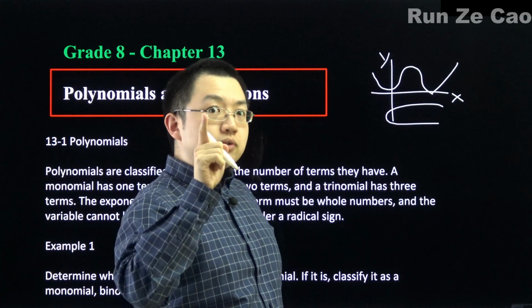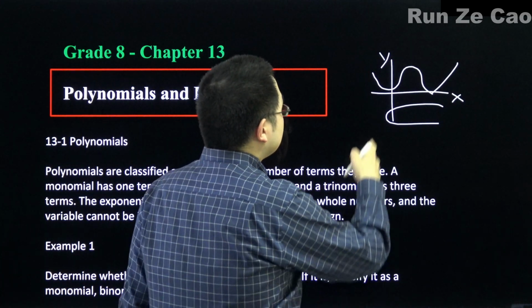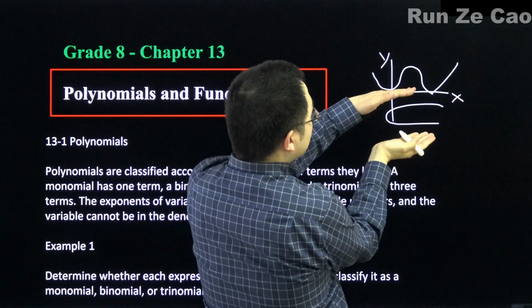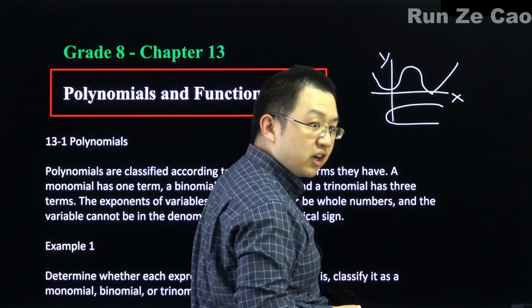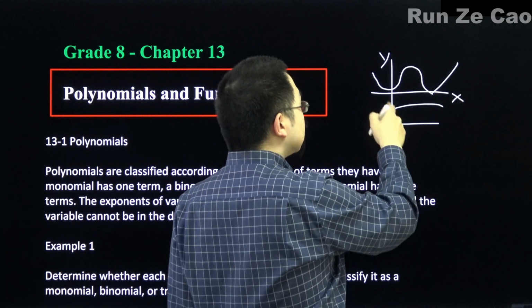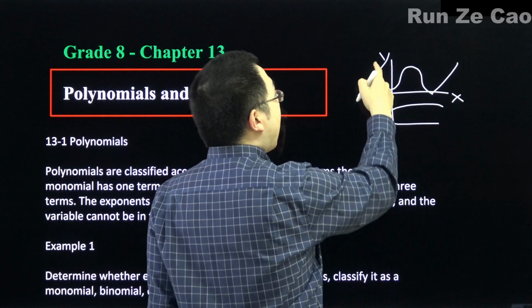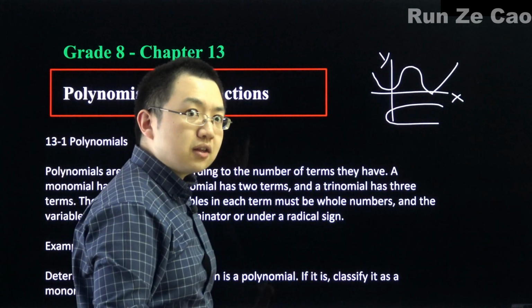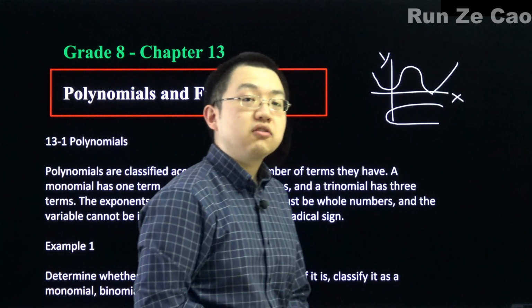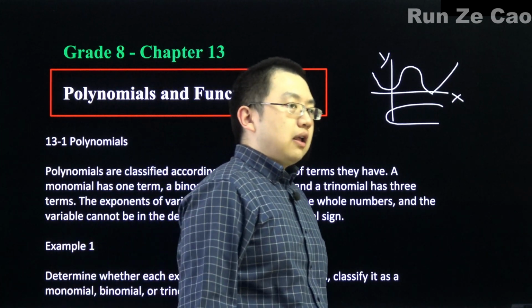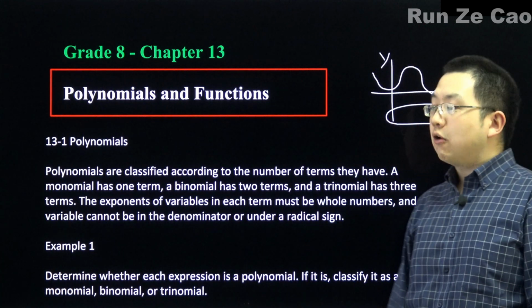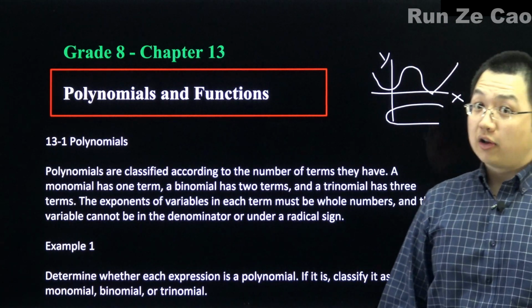Please note that if you flip the axes and it's a function, then you would say x is a function of y. But for y to be a function of x, you must have one y value for every x value. That's perhaps a little complicated for now. For now, let's start with polynomials.